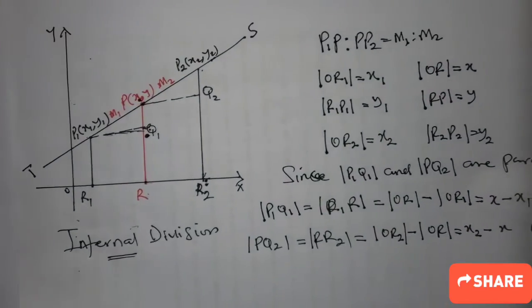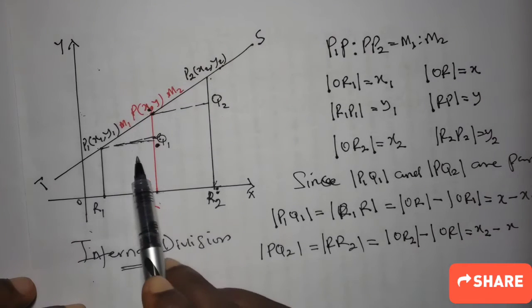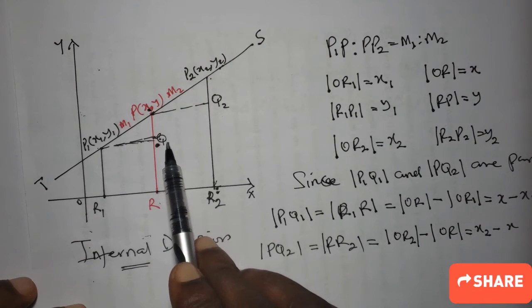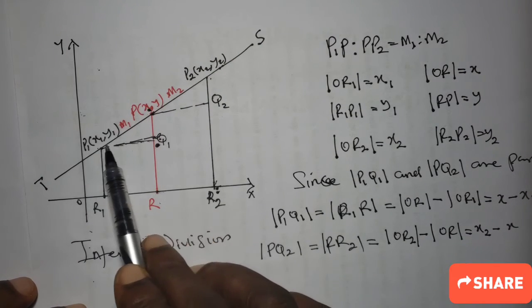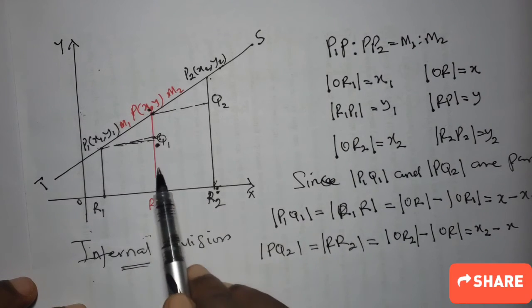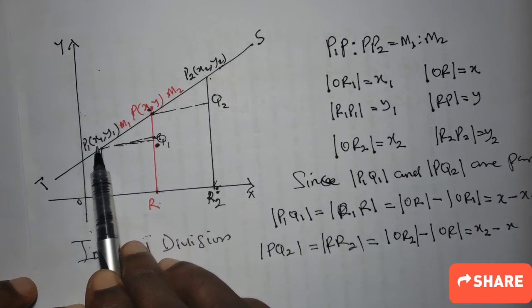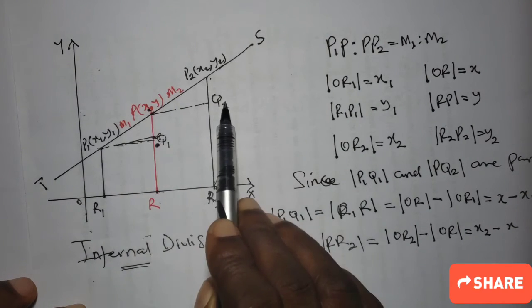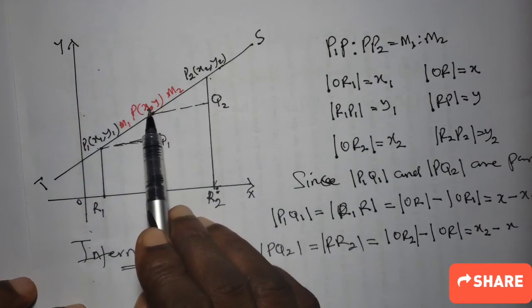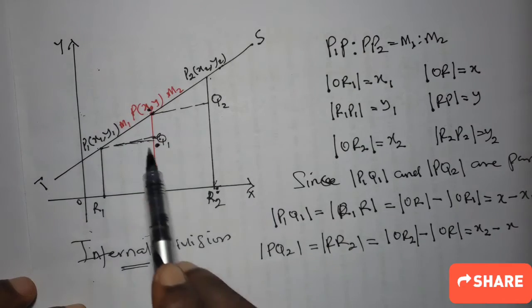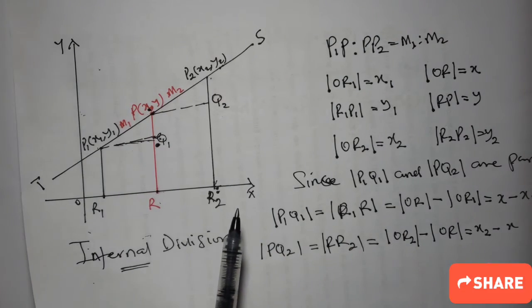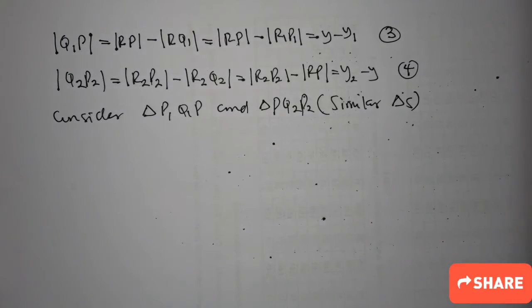Similar triangles are triangles that have the same shape. So we're looking at triangle P1Q1P and triangle PQ2P2, which are similar triangles. Because they're similar triangles, we get the following.